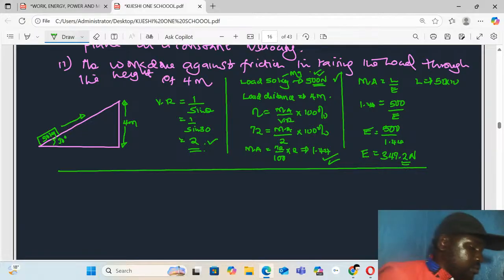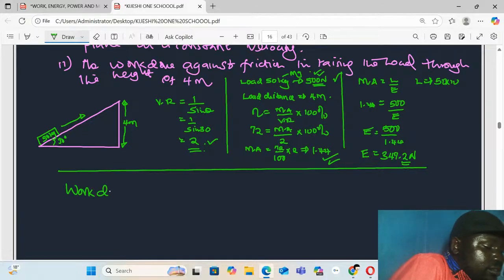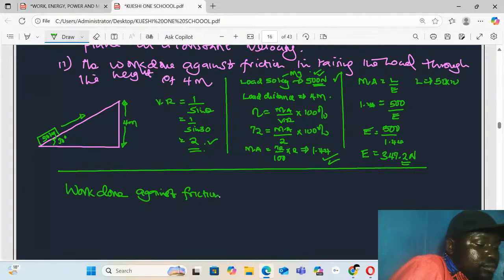So we'll say that work done against friction is given by the work input minus work output.